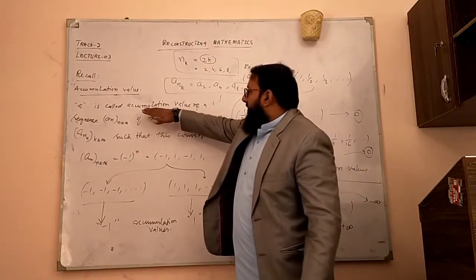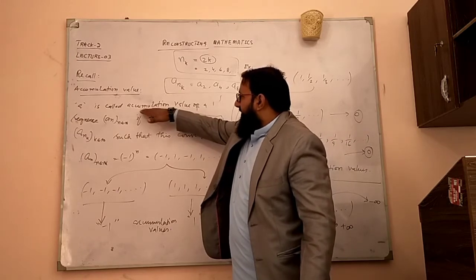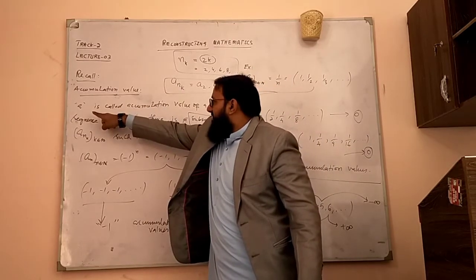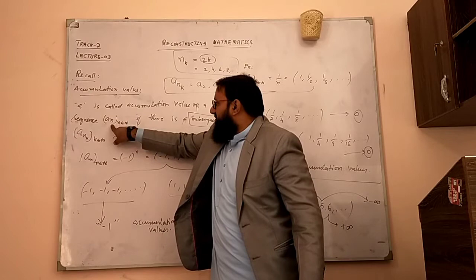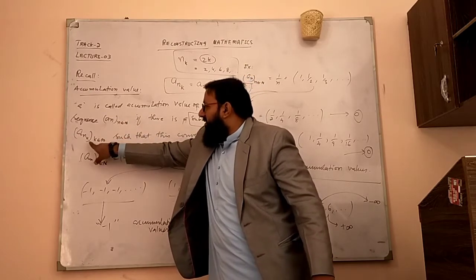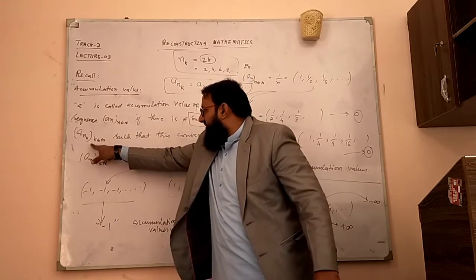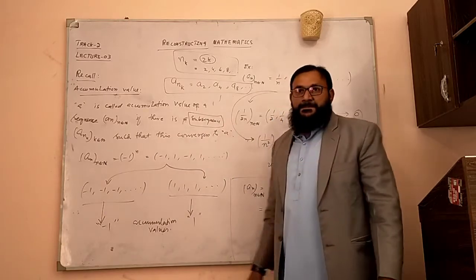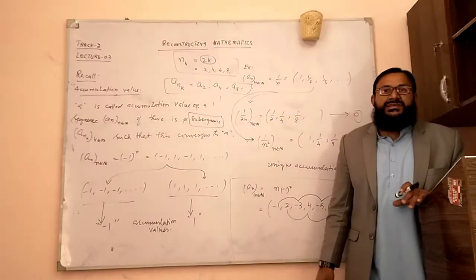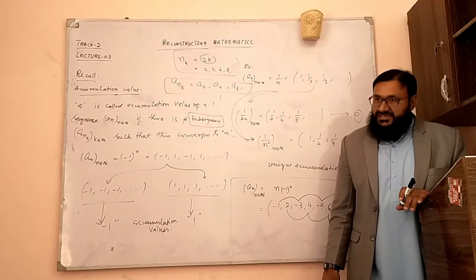So what is an accumulation value? It's a number such that you have a sequence, you choose a particular subsequence of this sequence, and it converges to A. We call this A the accumulation value for that sequence.